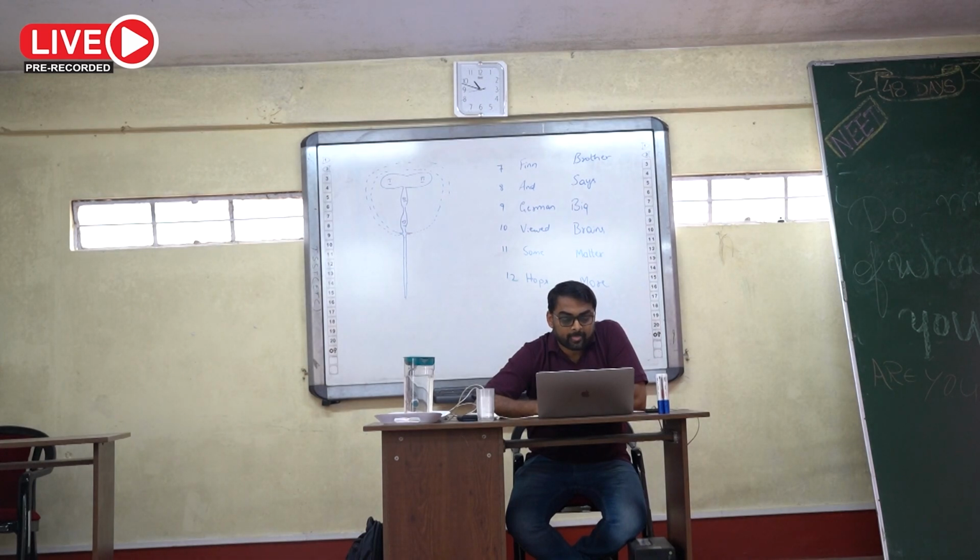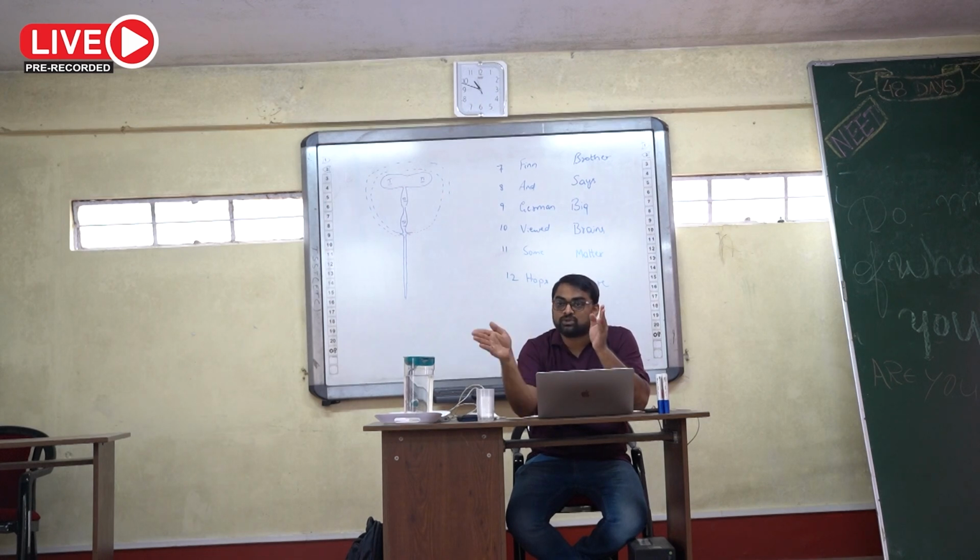Next. What do you refer to the breakdown of glycogen into glucose as? What is the term for breaking down glycogen to produce glucose? Glycogenolysis. Lysis means breakdown. What is it when you break down lipids? Lipolysis.